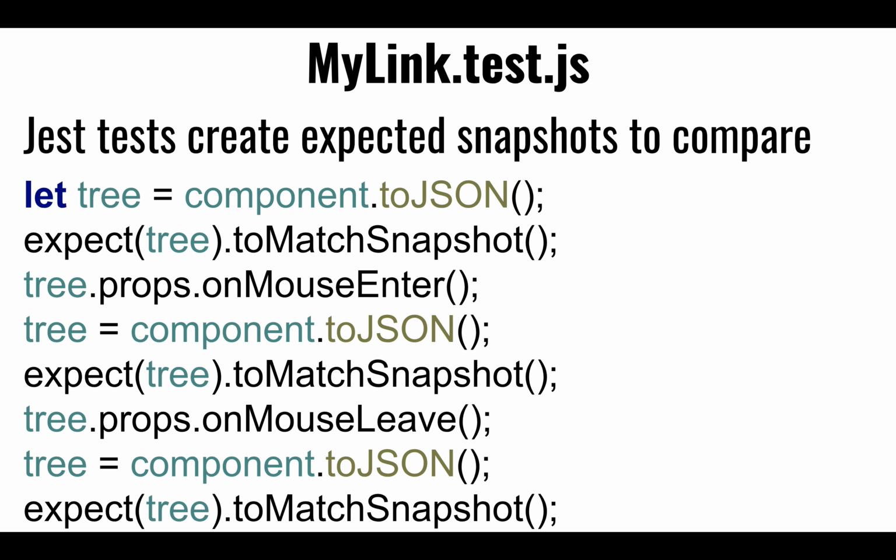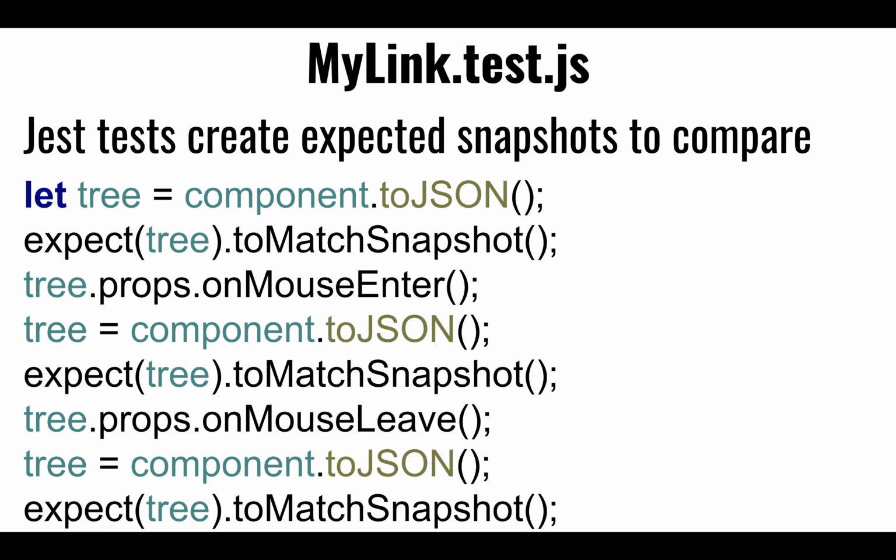We then can simulate various events. In this case, we can simulate the mouse enter event, and then generate what the resulting DOM would be, having generated that event, and then compare it against a snapshot for this particular event.